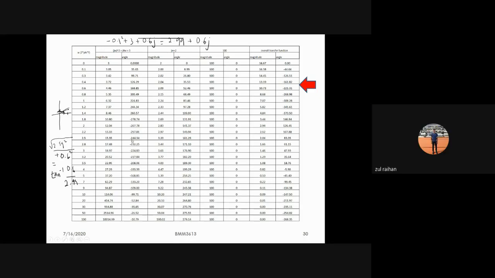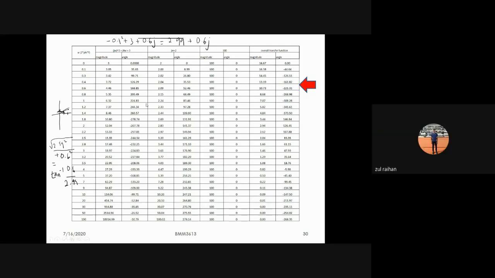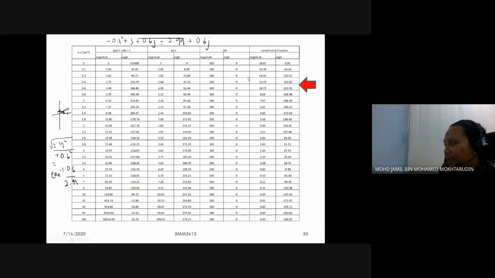Tapi ni orang lama yang buat, okay. Mungkin dia soalan lain kot sebenarnya ke apa ke tak tahulah. Tapi konsep dia ada lah, okay. Macam dia kira final angle tu konsep dia betul lah. Cuma dia kira ni salah, semua salah.